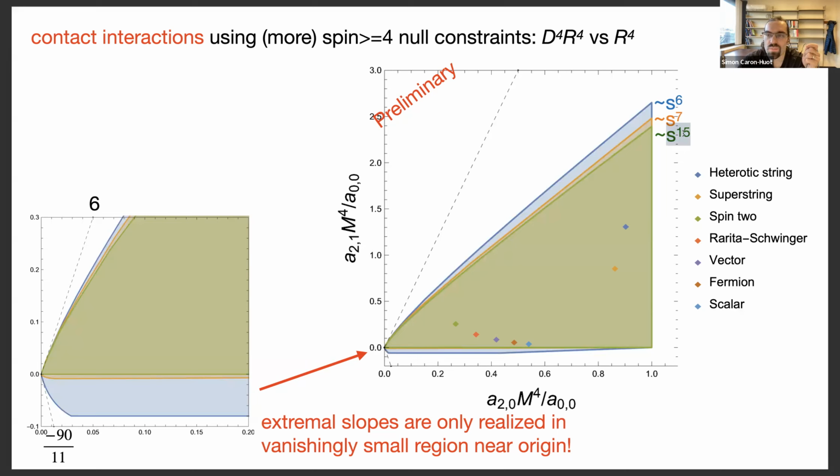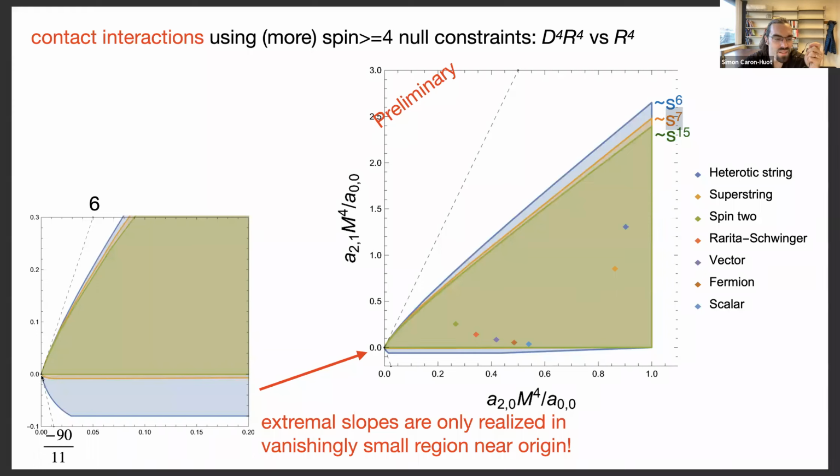So if you take, for example, this one here, 7 derivatives, and ask what's the bound on the ratio of these two couplings, A20 over A21, what's the minimum slope, well, it looks like it's mostly 0, but when you zoom near the origin, you find this curve. And if you zoom by another factor of 100, you will discover that the orange curve becomes tangent to this dashed line near the origin.